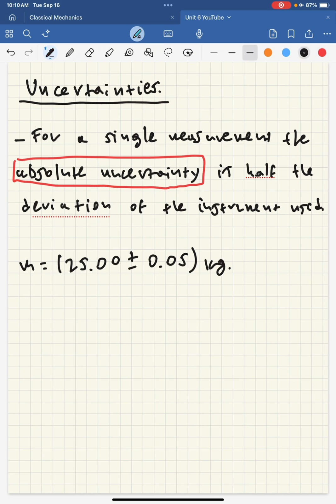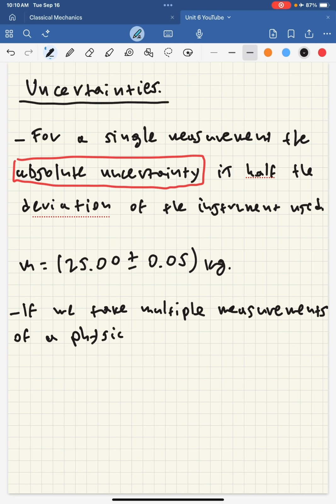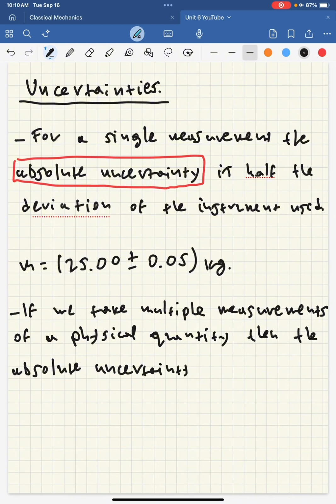Now, if we take multiple measurements of a physical quantity, then the absolute uncertainty is taken as the half range, sorry for my spelling, the half range of the measurements.